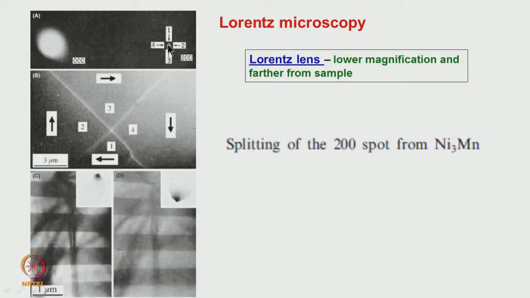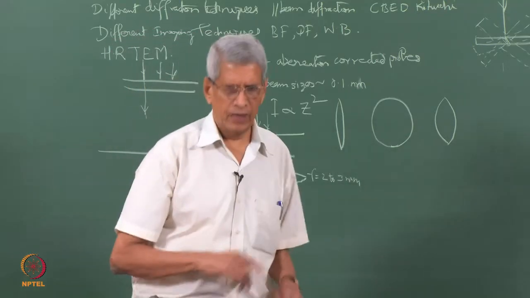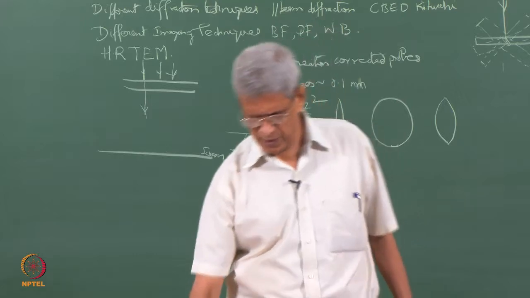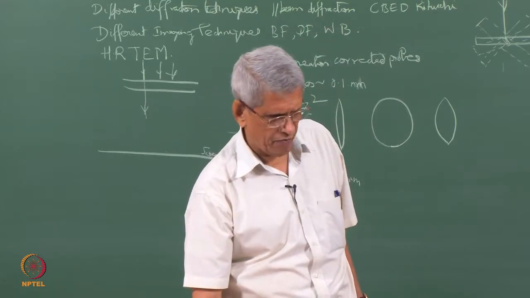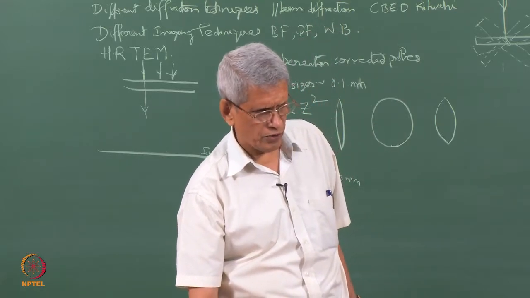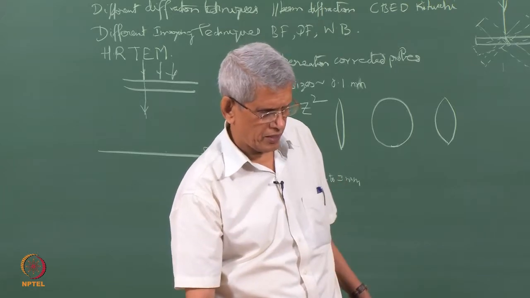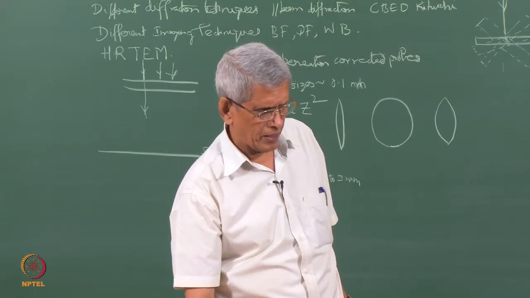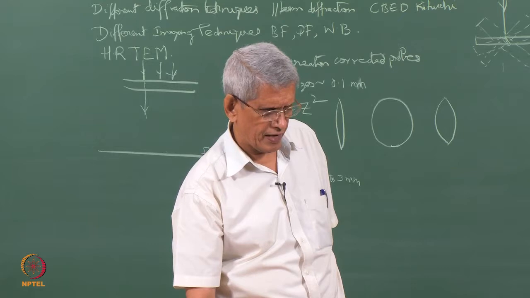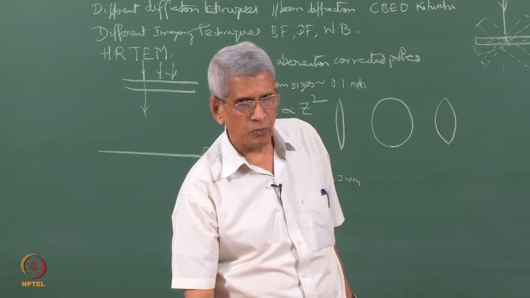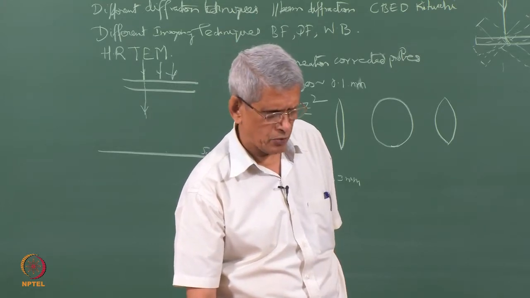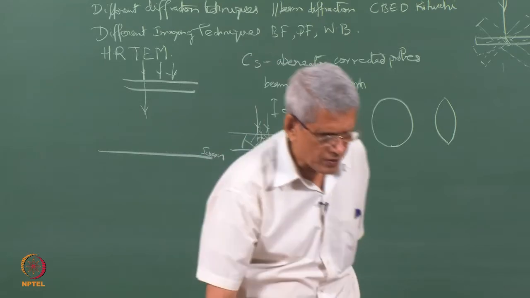Normally in a non-magnetic material we will get one spot, but here the electron path is affected by the Lorentz force generated by the magnetic field. Depending upon which directions the fields are in, the single diffraction spot will split into multiple spots. That is what is being shown.